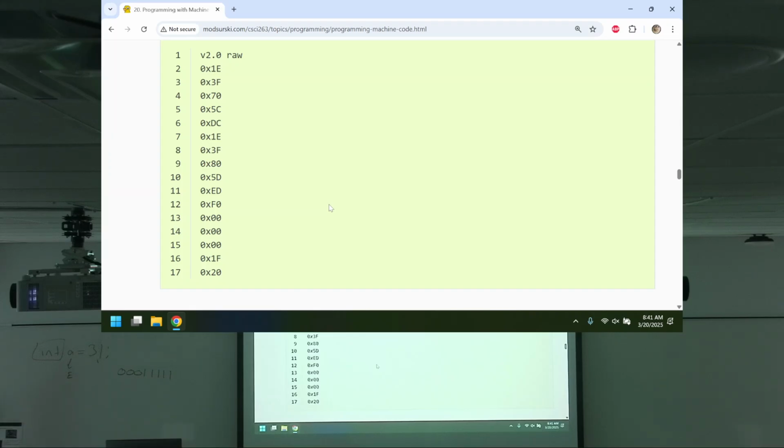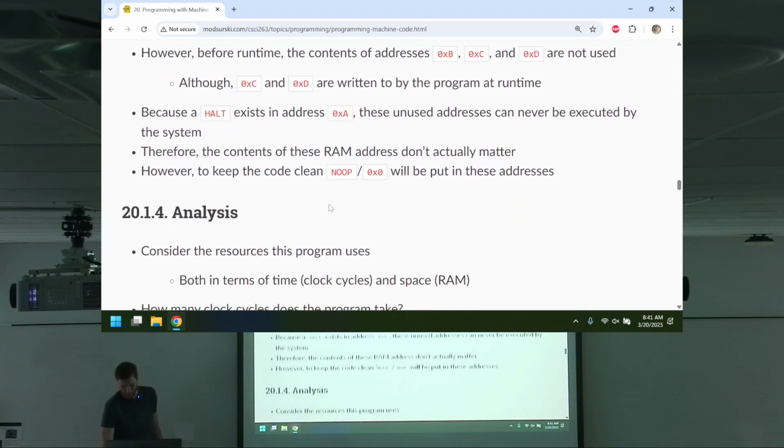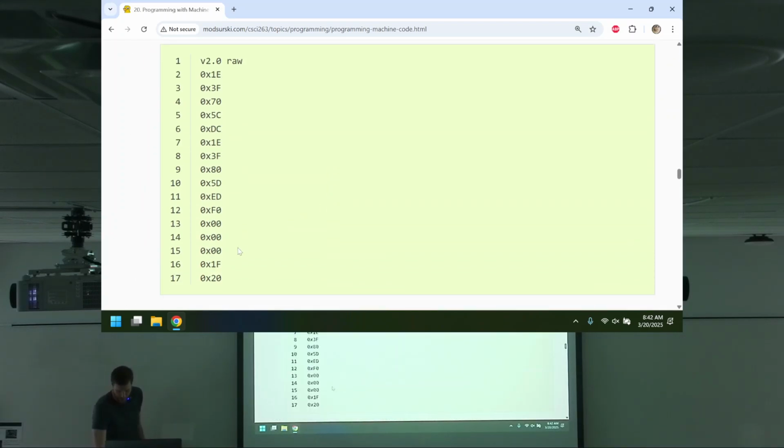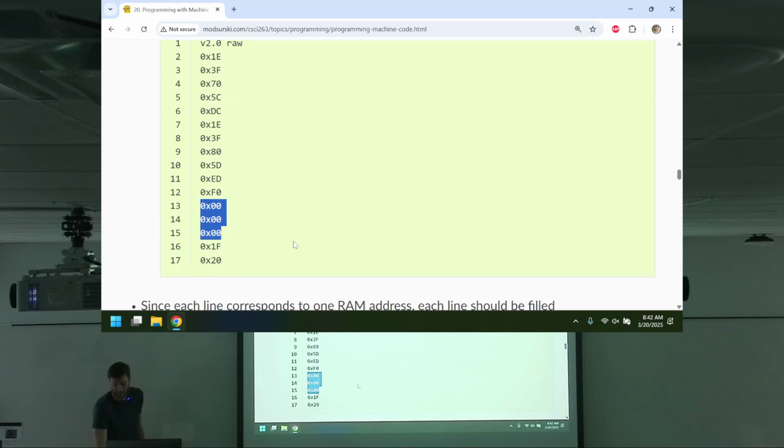So to go from something as simple as this to something like that, there are a lot of steps involved. Since each line corresponds to a RAM address, each line should be filled. However, before runtime, the contents of address B, C, and D are not used, although C and D are used at runtime.